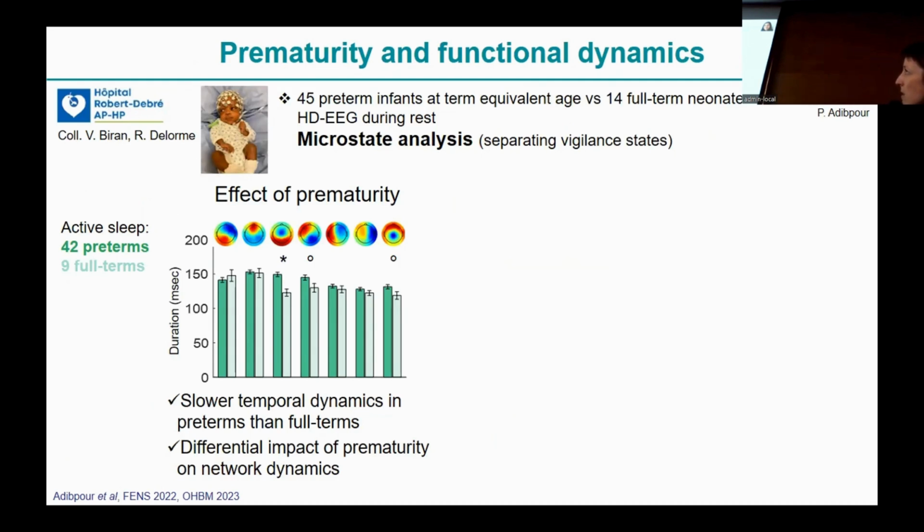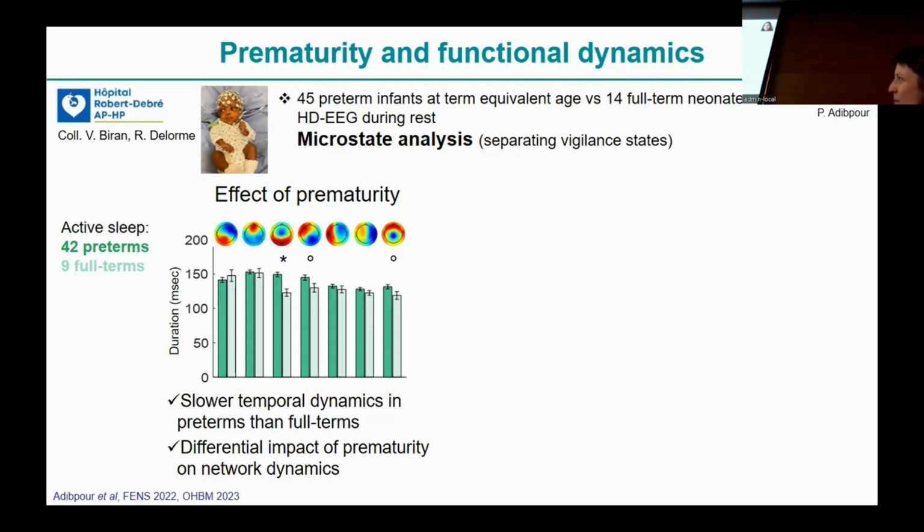And Parvane Adipou, during her postdoc, she actually proposed to use complex analysis based on microstates. She separated the vigilance states of the babies. And for example, here she compared results in preterms and full terms during active sleeps. And actually, she showed that the dynamics of the brain can be decomposed according to different states.